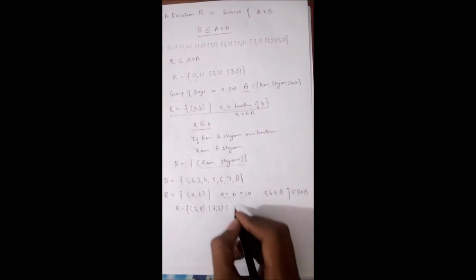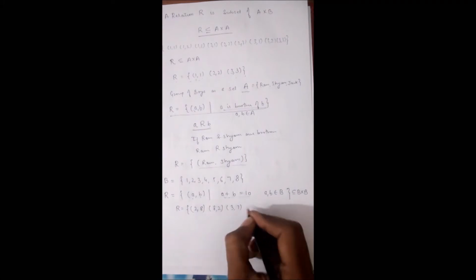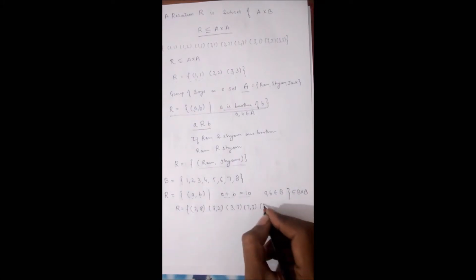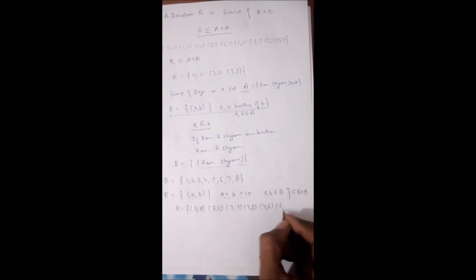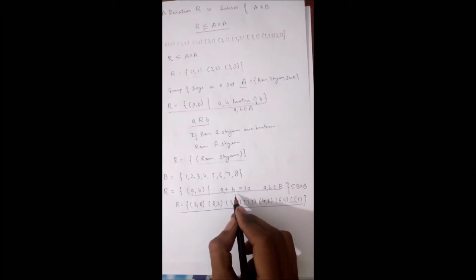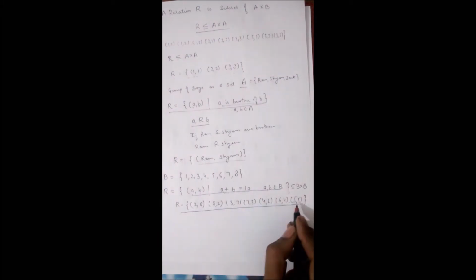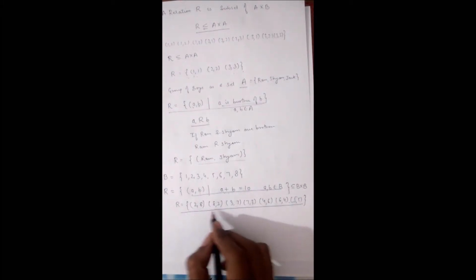So I can write (3, 7), (7, 3), (4, 6), (6, 4), and all this. Last element will be (5, 5), this much. This will be my relation. Condition which defines my relation, output set, elements as coordinate pairs. This is my relation. Okay.